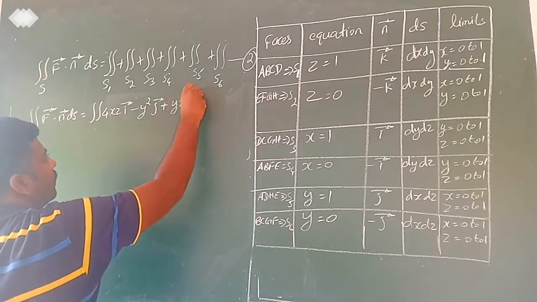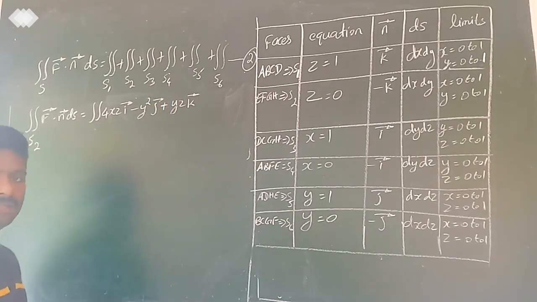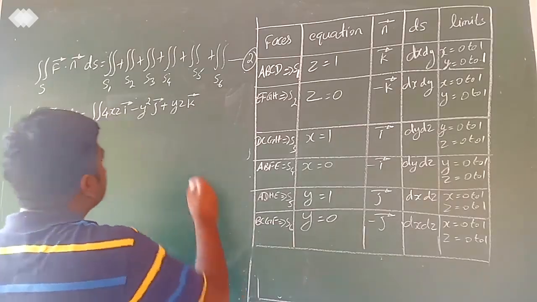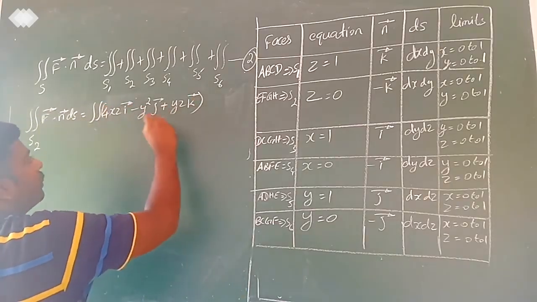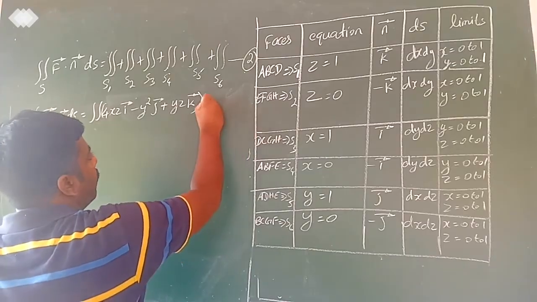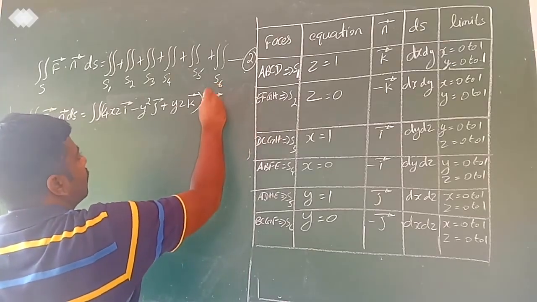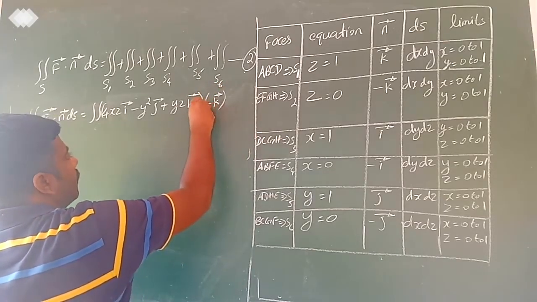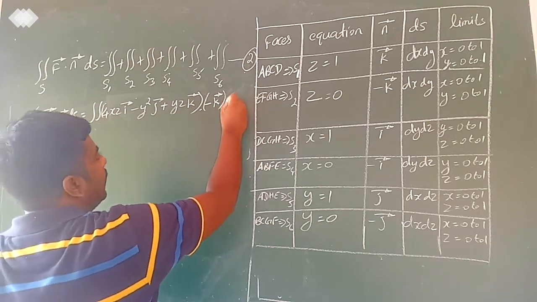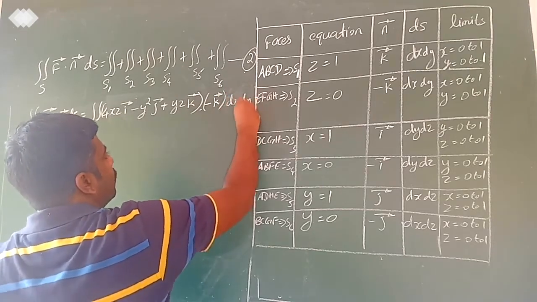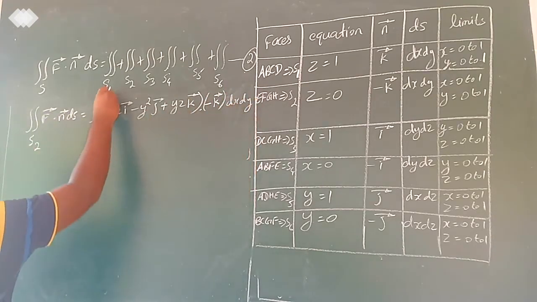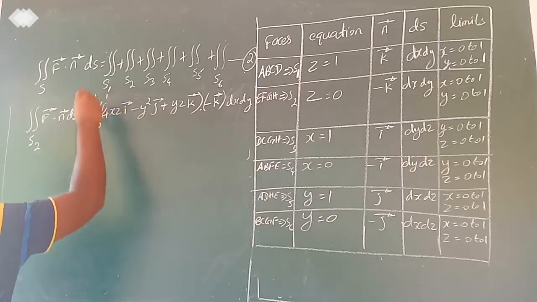Therefore, n vector equal to minus k vector, and dx dy. So x limits are 0 to 1, y limits are 0 to 1.